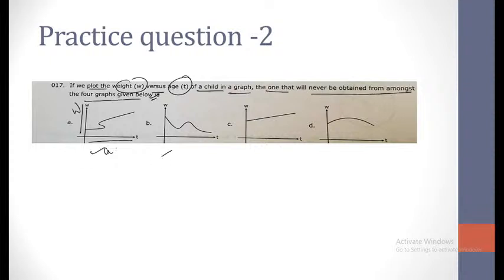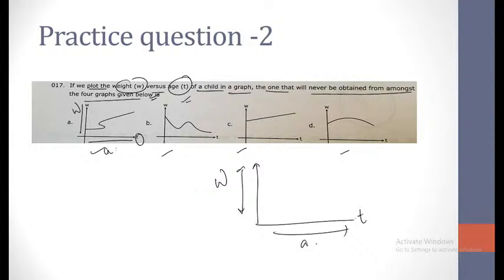You are given 4 graphs, and what you have to do is find out which of the graphs is never possible when we plot a weight versus age graph, or over here the time is given to you. So just try to find the answer for this.